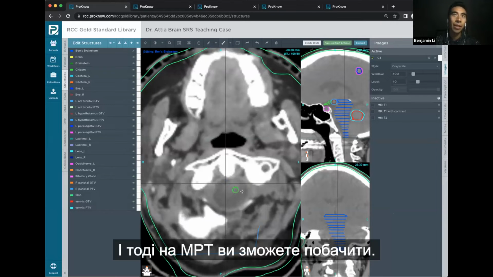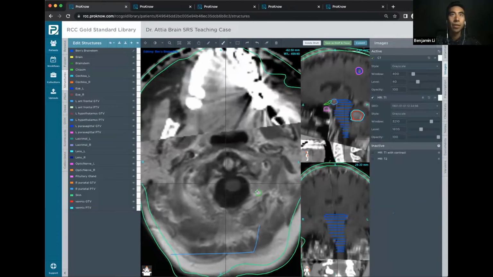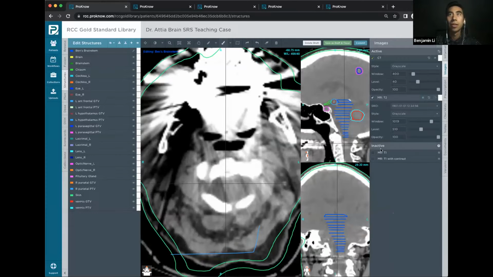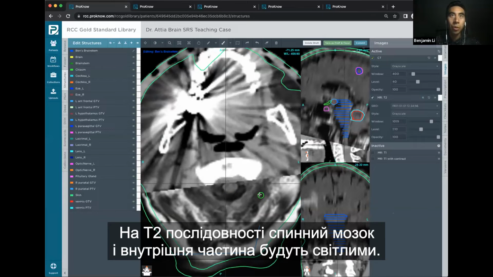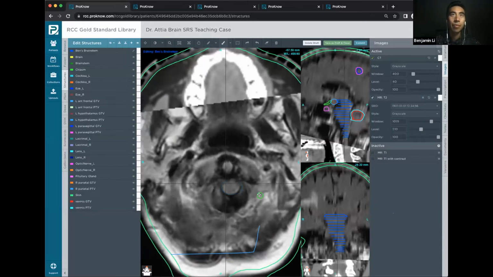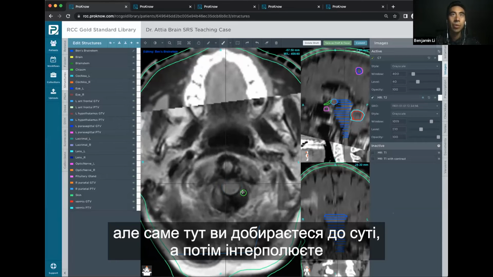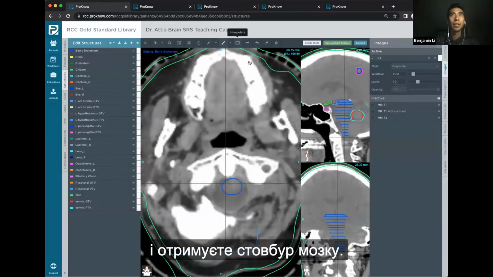And then on the MRI, you should be able to see, on T2 sequence, the spinal cord and the inside will be bright. So starting to see hints of it right there, but that's where you get to the bottom, and then you interpolate and you have your brainstem.